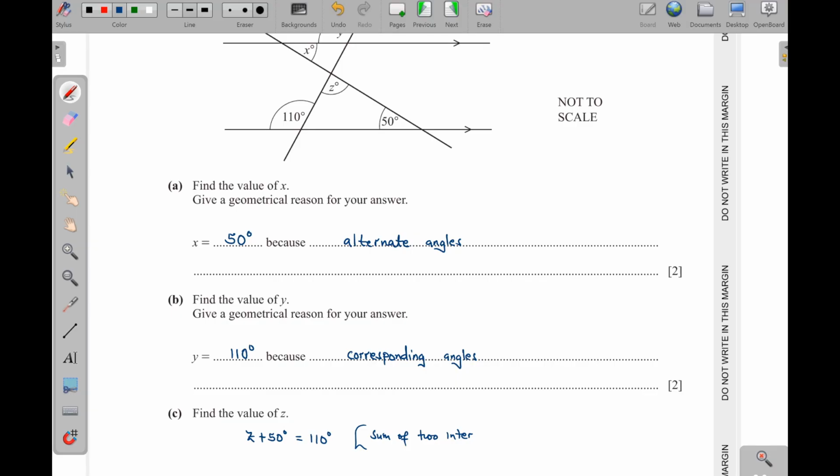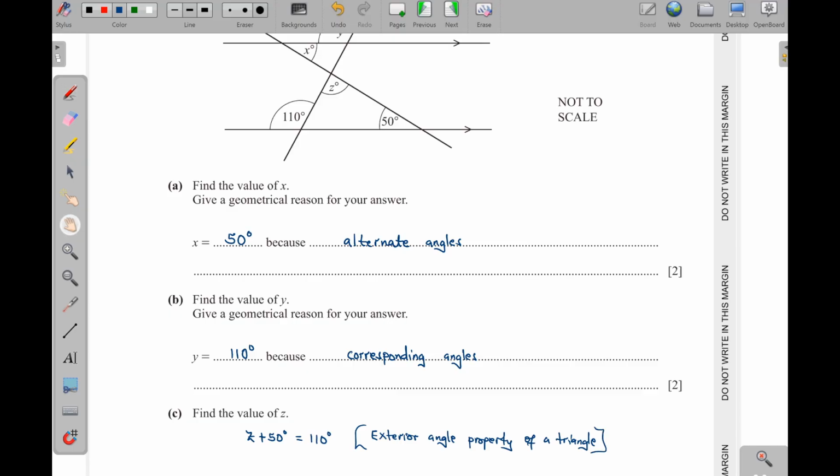We actually call it the exterior angle property of a triangle.